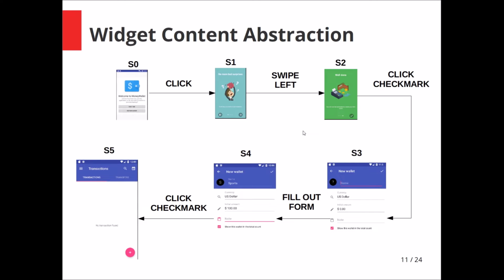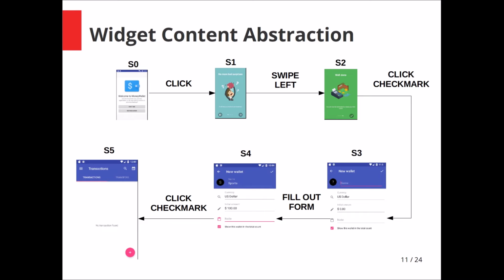In the last abstraction level, which we call widget content abstraction, we consider two states to be equal if they not only refer to the same activity and have the same widget hierarchy, but also have the same text inputs and content descriptions.